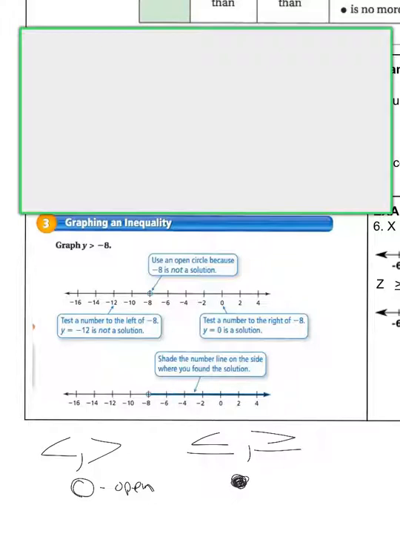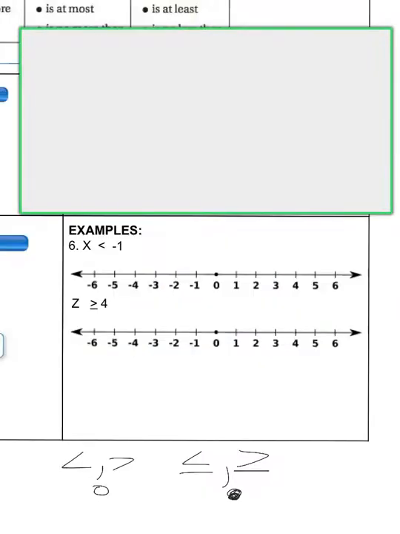Let's try 2 more and then you'll be done with your notes. Okay, so first thing I do is I see it says x is less than -1. So my starting place is -1. I can see right here that it is a greater than or less than symbol, which is an open circle. So I am going to put an open circle on -1.